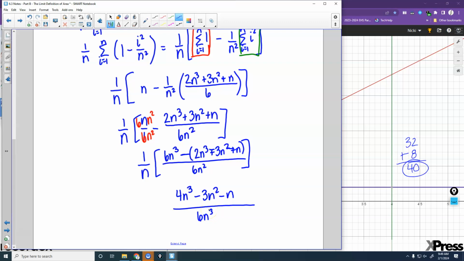If you're doing these problems and you do not get the same degree on top and bottom, you've messed up somewhere. If you make it to this point, you're about done. We need to do the limit as n approaches infinity of this. You should every time have exponents of the same degree top and bottom. Divide coefficients. Here, we get 2/3 for this.